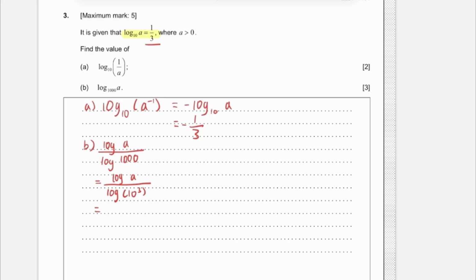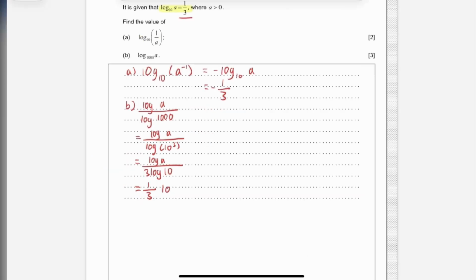And again, using the power rule, we would get that log 1000 equals 3 log 10. And so this equals 1/3 times log base 10 of A. And so this would be equal to 1/3 times 1/3, and then we will get 1/9.